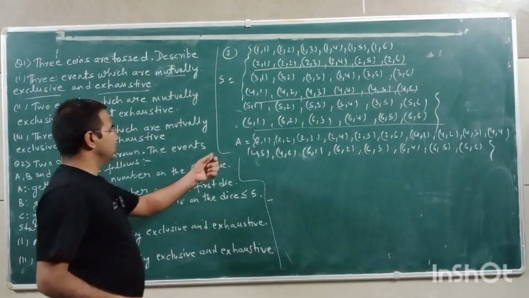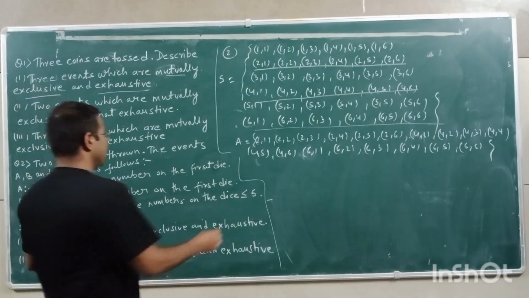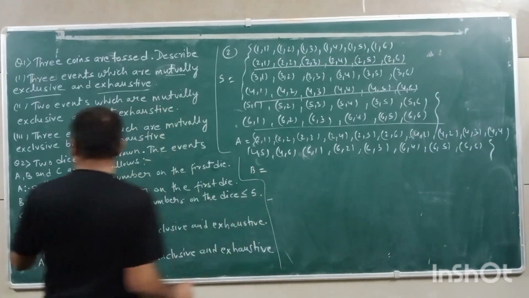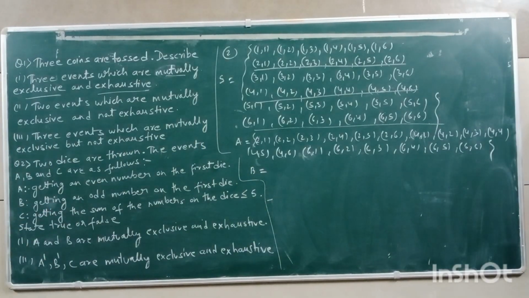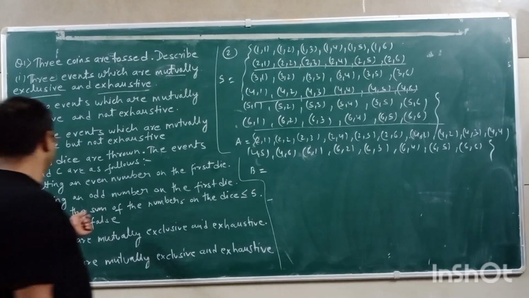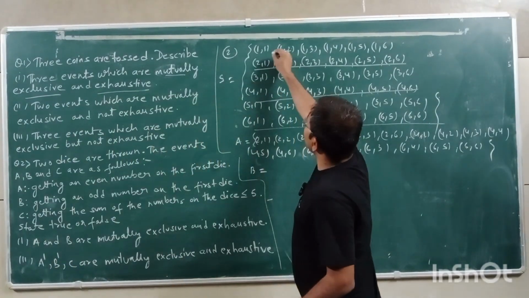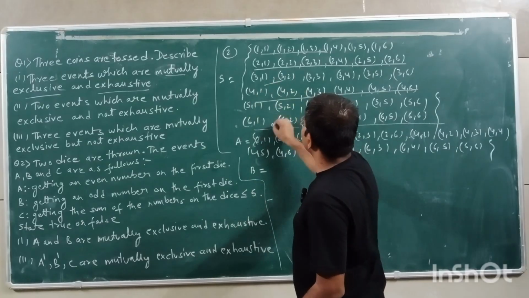On the first die, an even number should be there. Now for B you will write getting an odd number on the first die. So this line, this one, and this one.